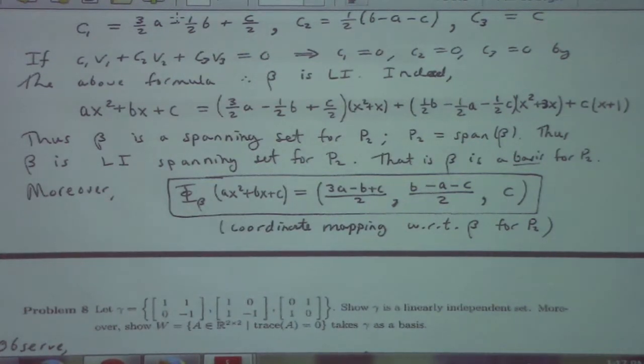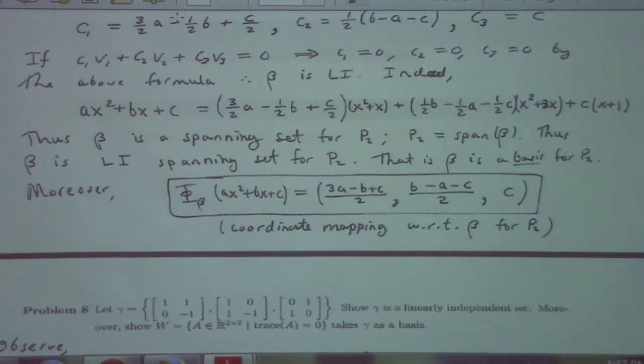Look, so you could do this. C1 times (x squared plus x) plus C2 times (x squared plus 3x) plus C3 times (x plus 1) equals 0, all right? So suppose this. Then what does that give me?